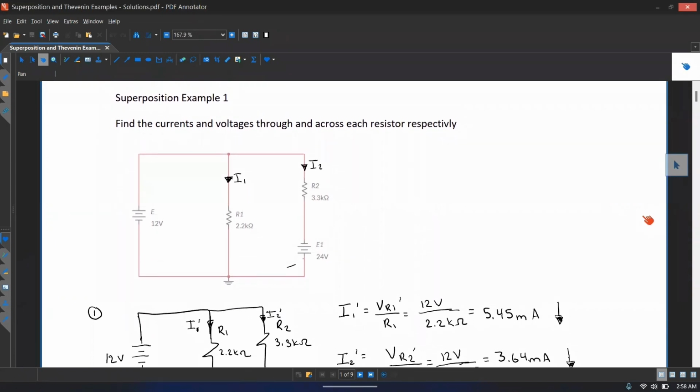All right, so for this first example, it says find the currents and the voltages through and across each resistor respectively.